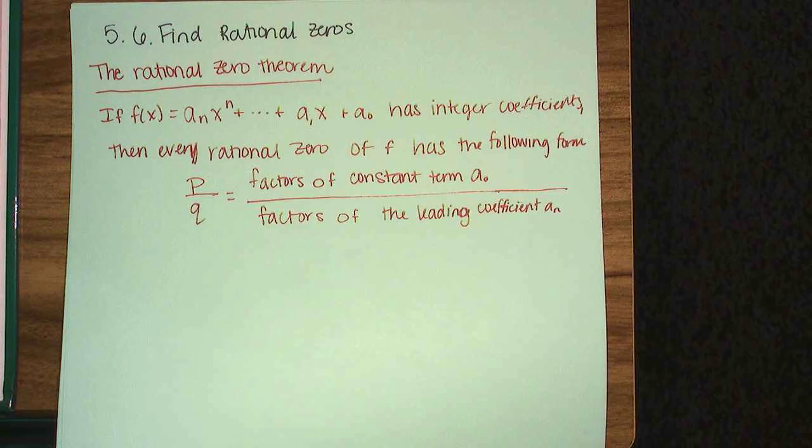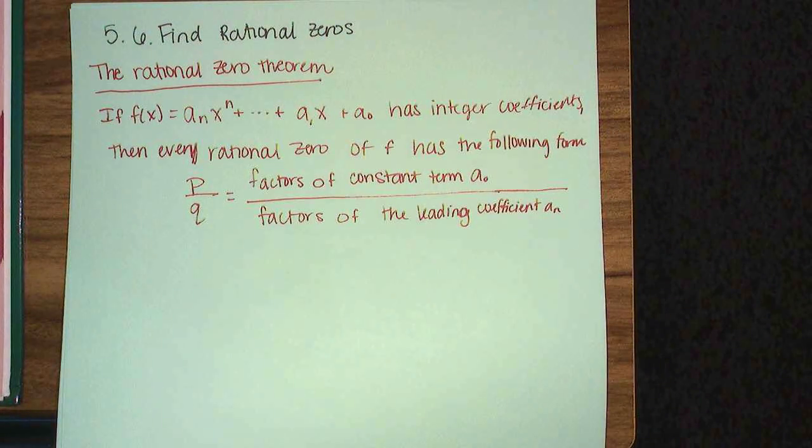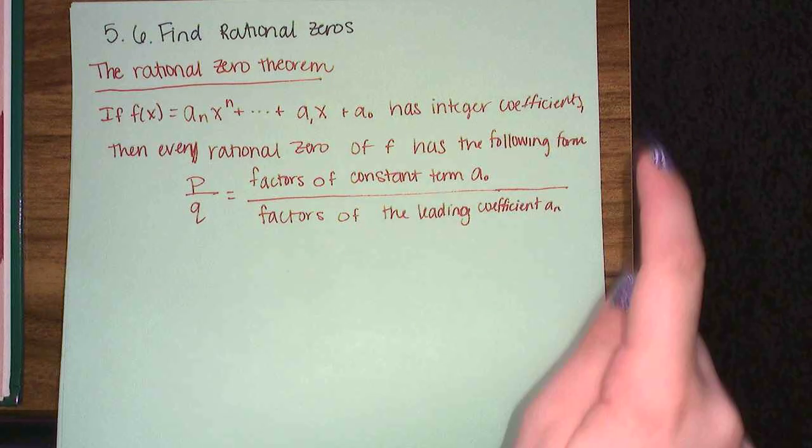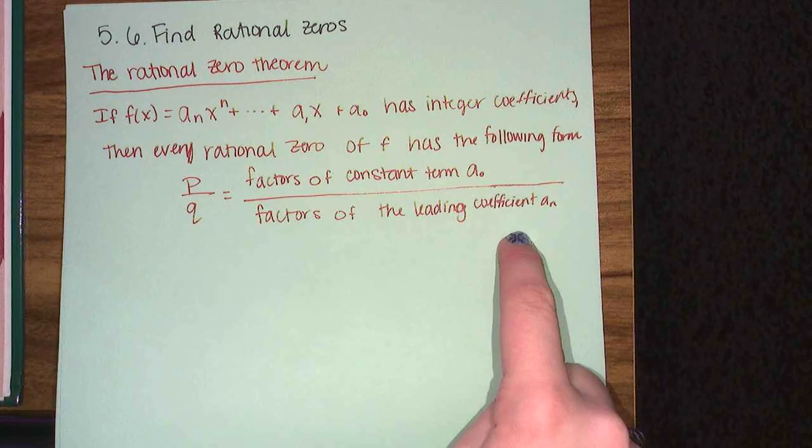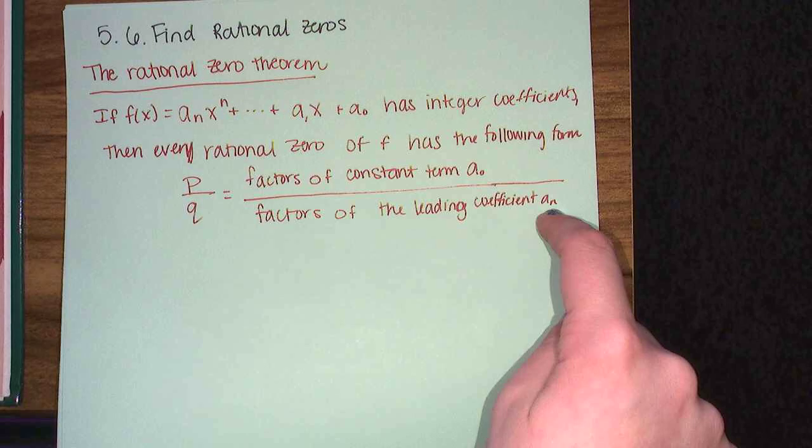Okay, so the nice thing is, once we get into this, the book works you up to it. First, it asks you to find all possible ones, and then it asks you to find which ones actually are zeros. So it works you in nice and slow. A sub n? Yes.